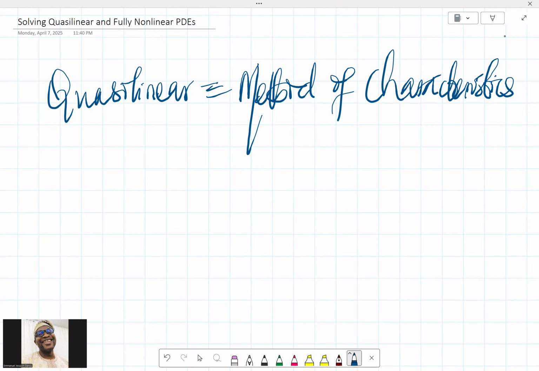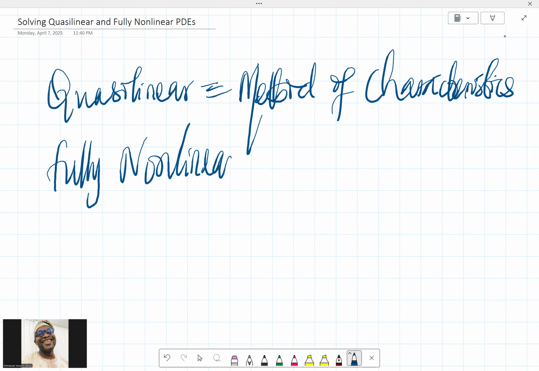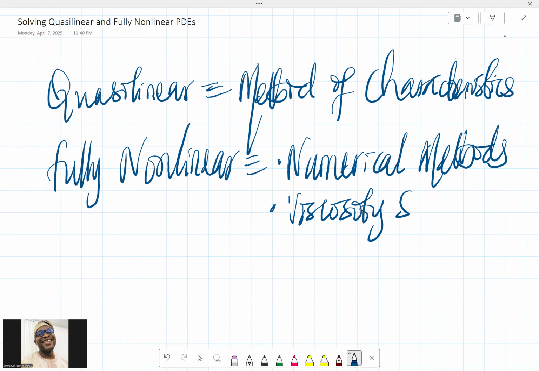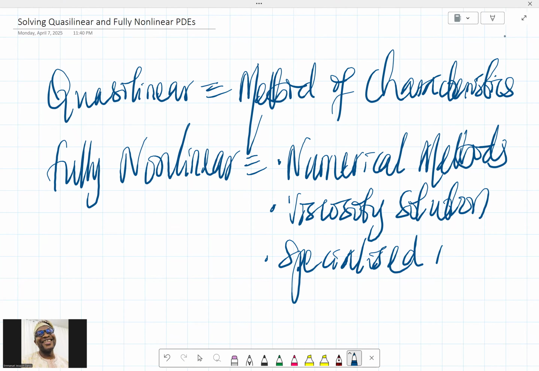Then we also have, of course, fully nonlinear. For fully nonlinear, we saw that because of their complexity, we have to resort to numerical methods. Of course, we also have the concept of viscosity solutions coming up, or even some specialized techniques.